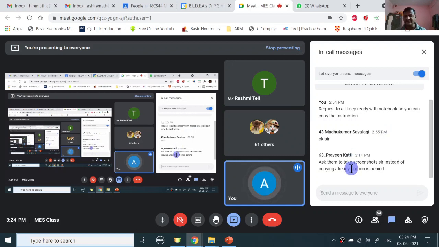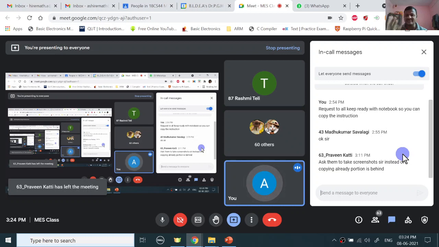Ask them to take a screenshot of, sorry, instead of copying, the earlier portion is already behind. Praveen Kati, why do you need a screenshot, Praveen? I'll provide the notes, don't worry, but you should keep the list of it. Once you write it, you can easily remember it.